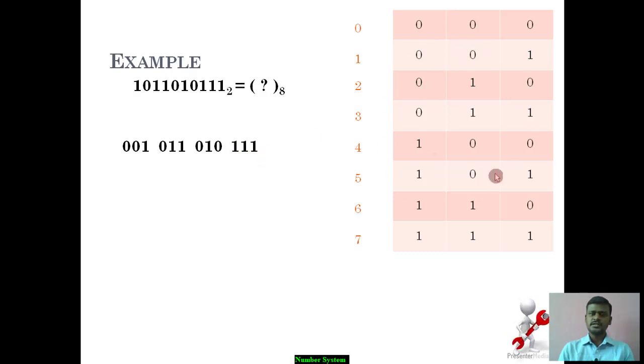We will search in this table, 111 will be here. You can see here 1 1 1. These are binary values, so we will find the equivalent octal value. So 7 is the equivalent value of 111. So 7 is the equivalent octal digit.